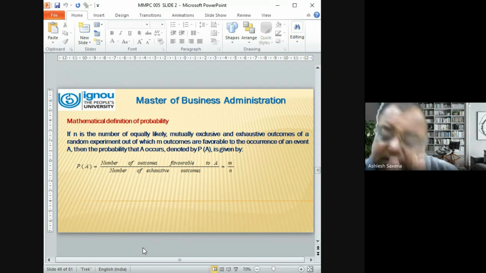Otherwise, it means the same: probability of any event is equal to number of favorable cases upon total number of cases.